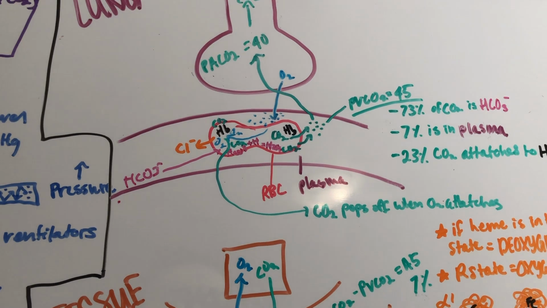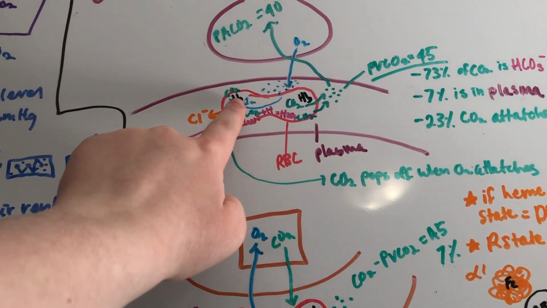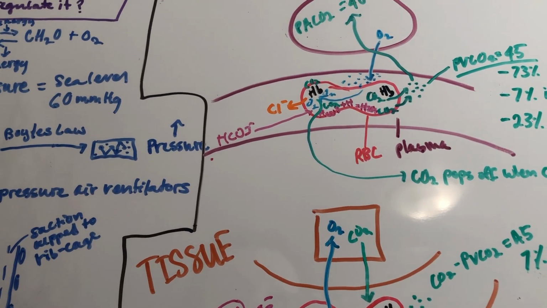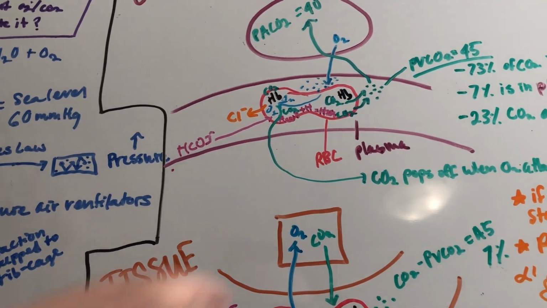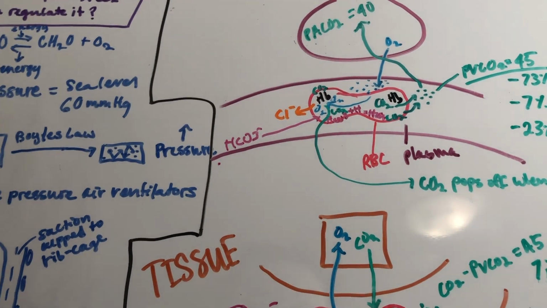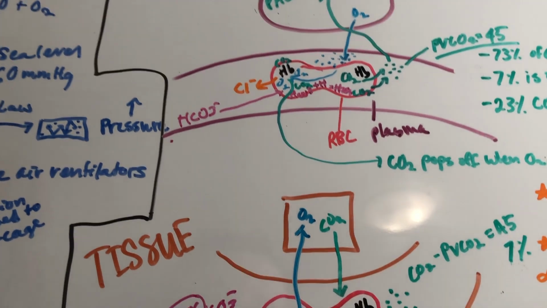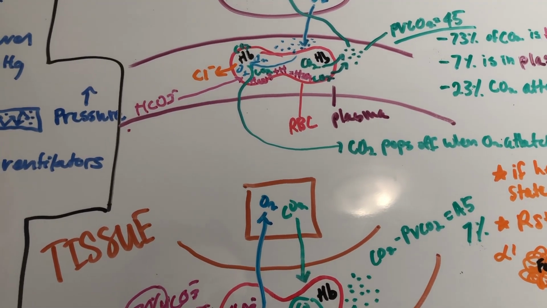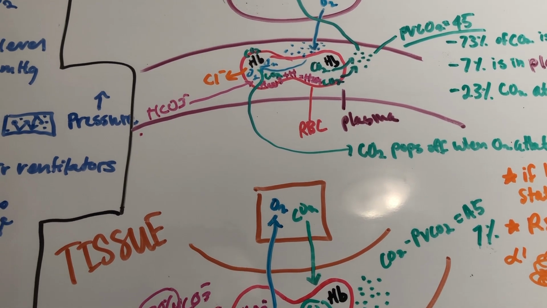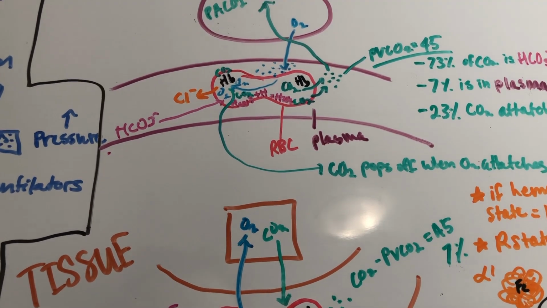So first of all, let's start here. We have our oxygen that comes in and becomes bound to the hemoglobin. That is going to kick off our chloride. The chloride is coming out. And then we have bicarb, HCO3, that comes into the cell. When that comes into the cell, it's going to break up, and that hydrogen is going to come and bind to that hemoglobin.